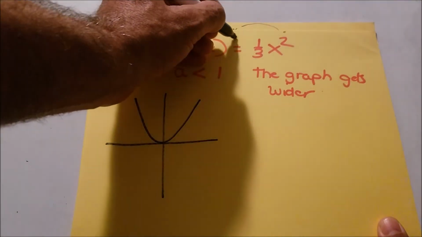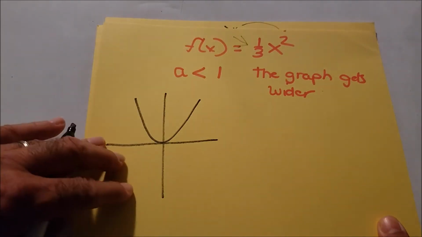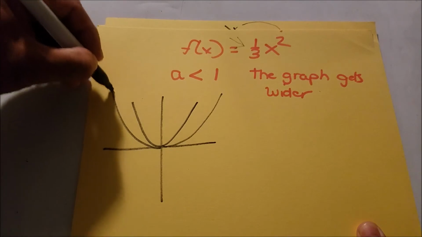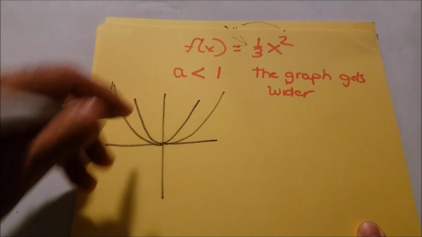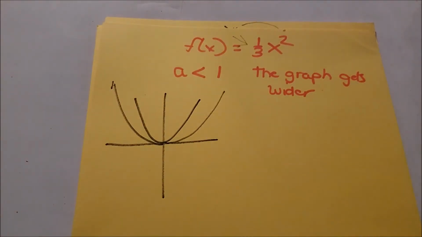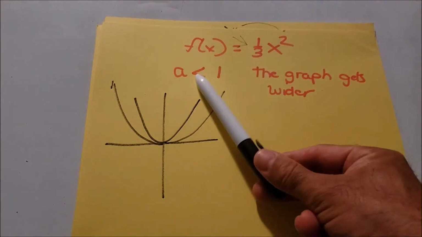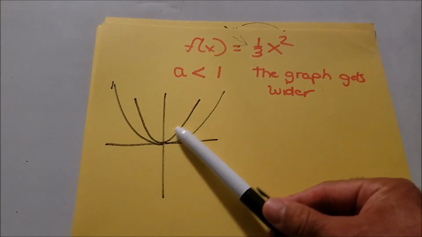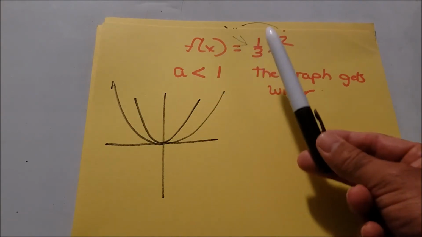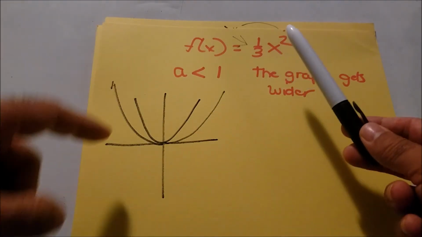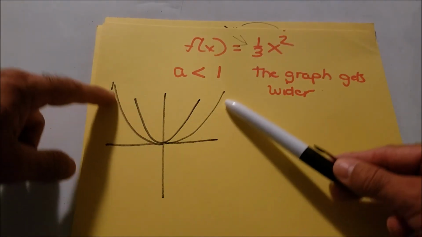But if we have a now being 1/3, because it's less than 1, then this graph will get wider. So just a review. If a, the a term right here, is 1, then it's just going to be the normal graph. If it's greater than 1, it'll be narrower. And if it's less than 1, it'll be wider.